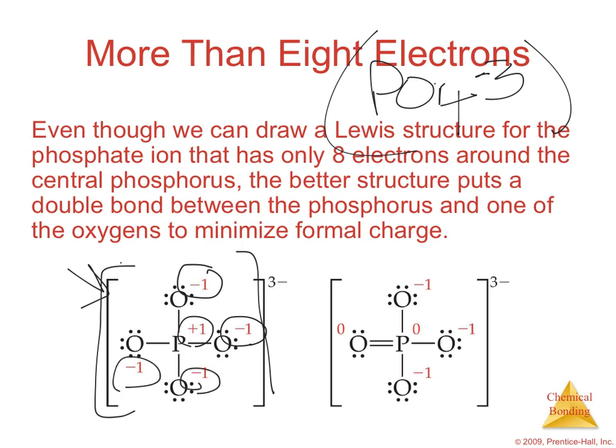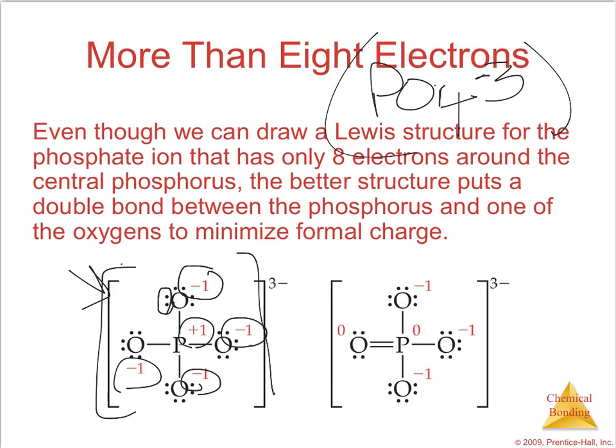Not good. So let's go ahead and make a double bond using one of the lone pairs on one of the oxygens. So we're going to get rid of that lone pair, and we're going to use it to make a double bond here.